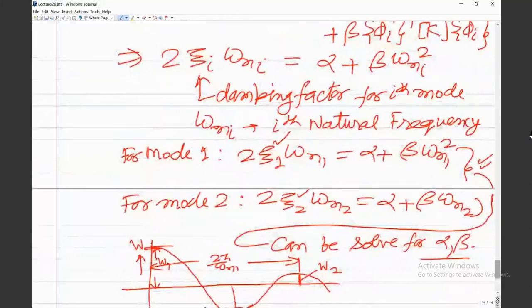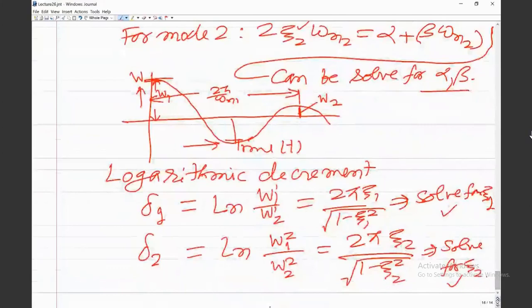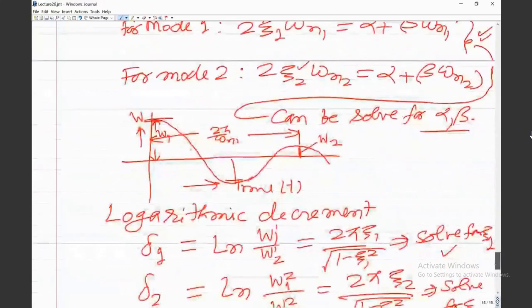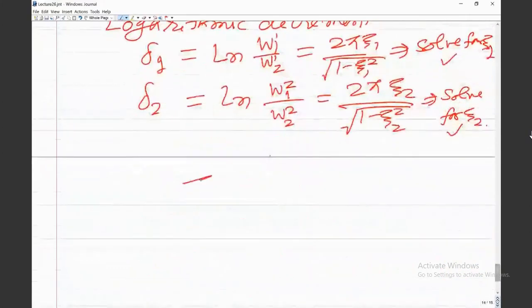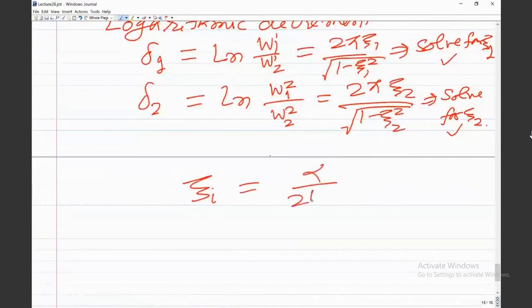that in experimental systems, the damping factor for different modes increases with the frequency. Now if you look at this equation, after you have solved for alpha and beta using the damping factor of just two modes, you can write the expression for xi i as alpha over 2 omega n i plus beta times omega n i over 2.